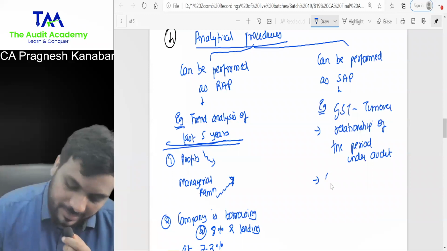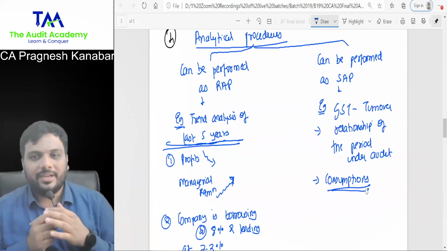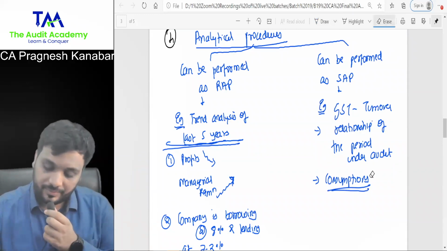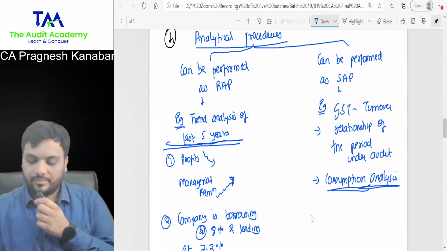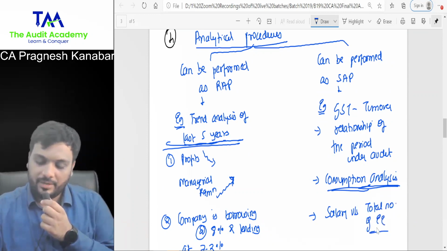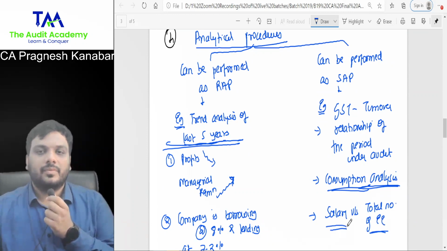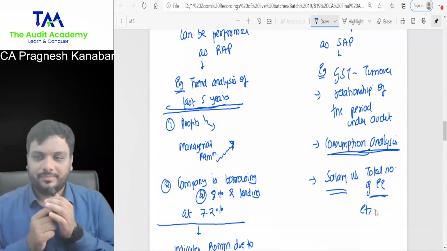Then you do consumption analysis: cost of goods sold, purchases, sales. Salary versus total number of employees, and what is the average salary paid to them, etc. You will see lots of examples later on.